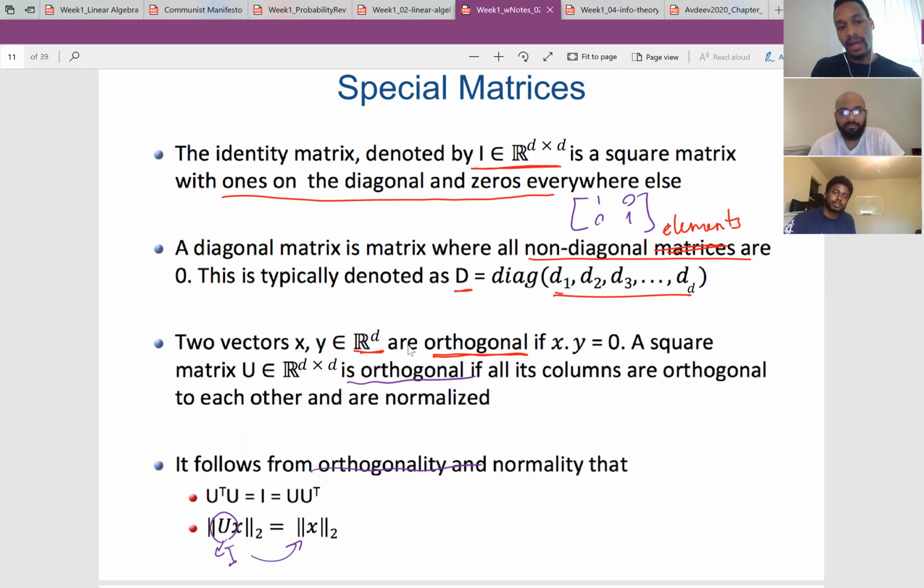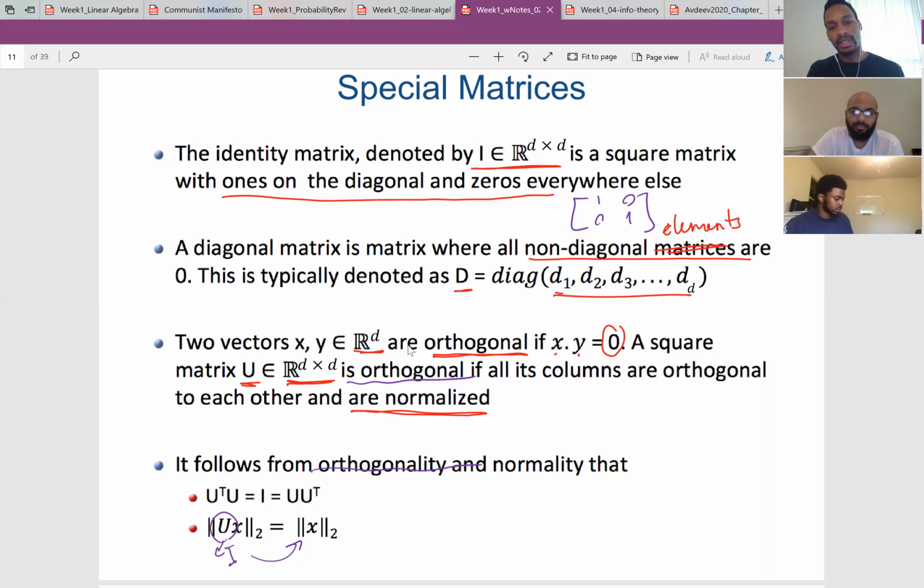And then a matrix in R^(d by d) is called orthogonal if its columns are orthogonal to each other and are normalized. So if you take any column as a vector and multiply it by another column, the inner product will be 0.